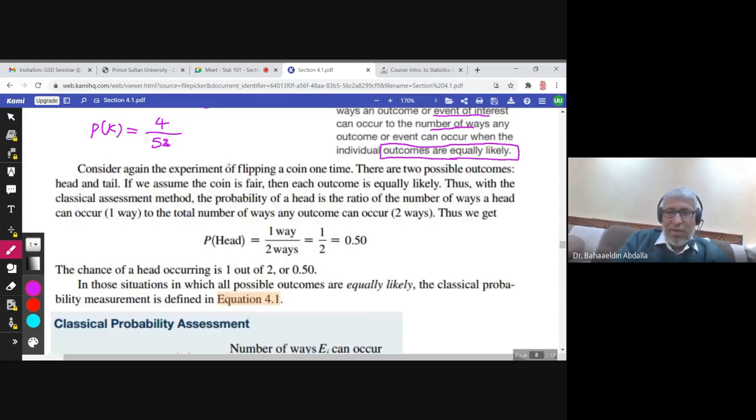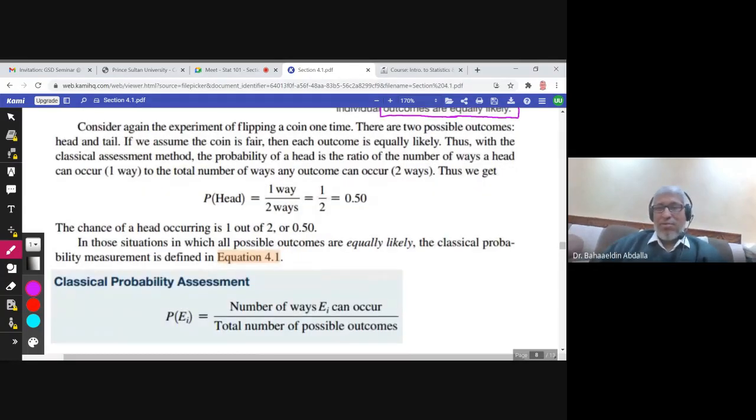Let us take some examples. As I told you, tossing a coin is one example, and of course it is equally likely, and we have two possible outcomes, but it has to be a fair coin. So for example, what is the probability of tossing a head?